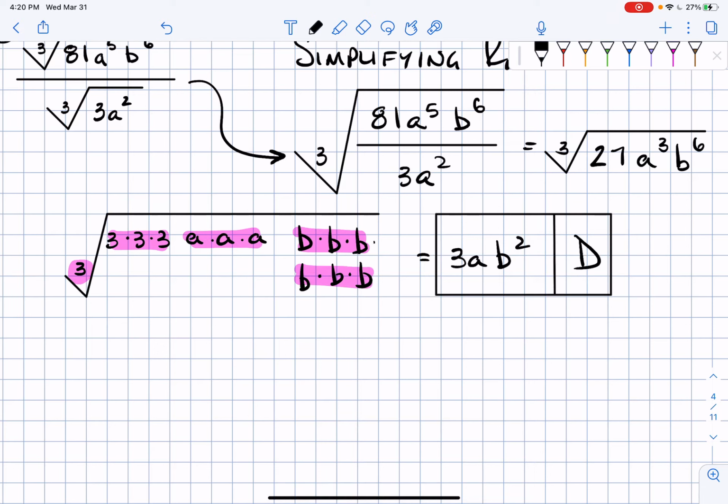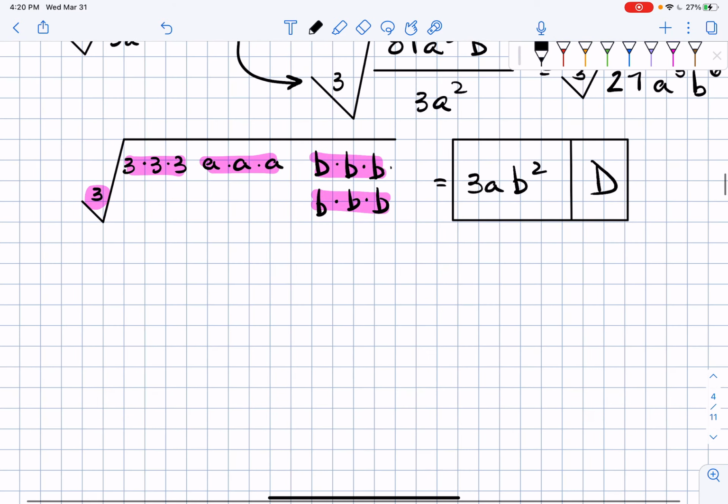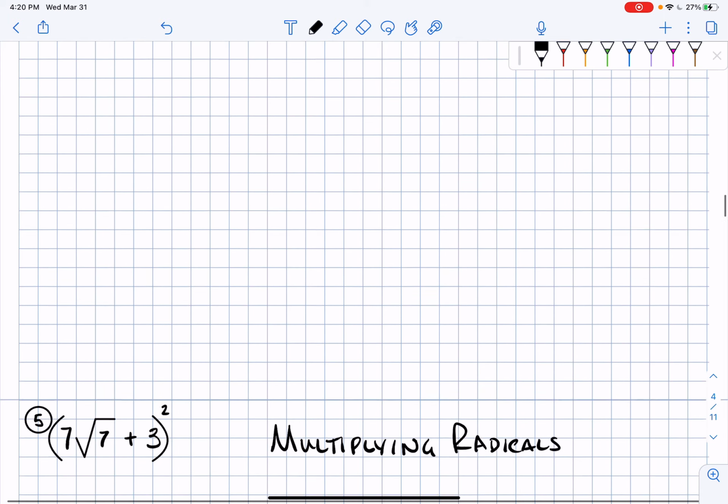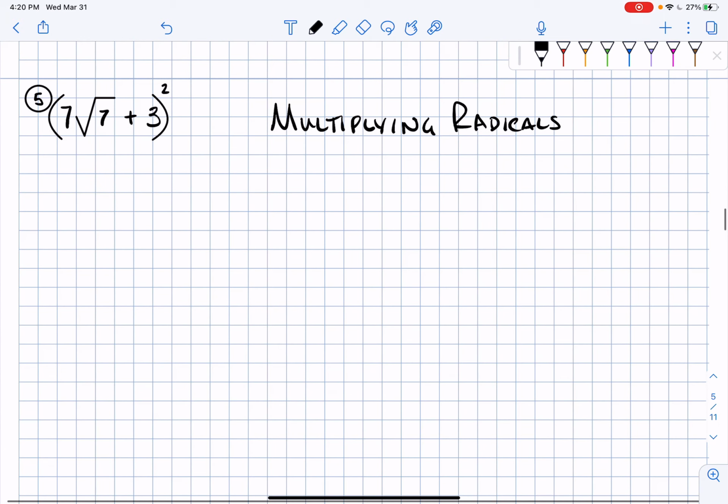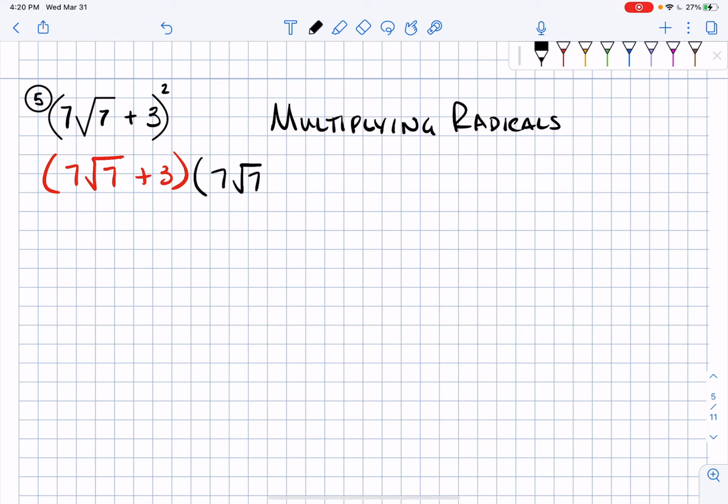All right, so on to number 5. Number 5. So what does this mean? This means that I'm going to write this parentheses out twice. 7 square root of 7 plus 3 times 7 square root of 7 plus 3.